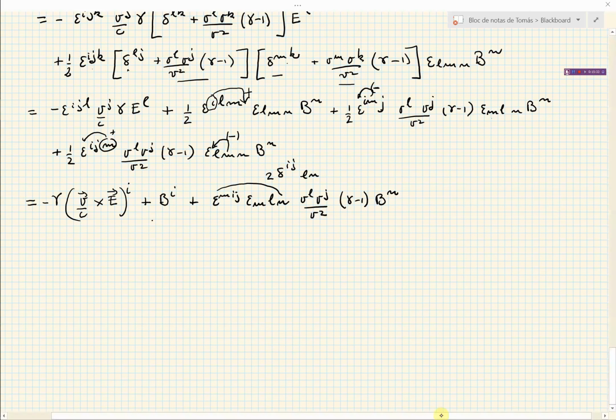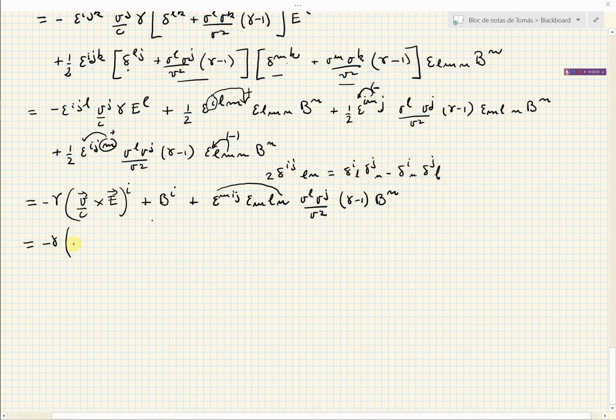And I remind you that this is, with a factor of 2, delta_{il} delta_{jn} minus, then I interchange either ij or ln, so delta_{in} delta_{jl}. Okay, we'll do this in the next step.